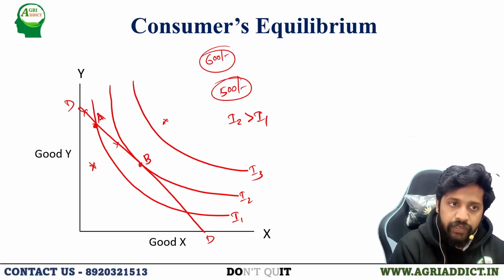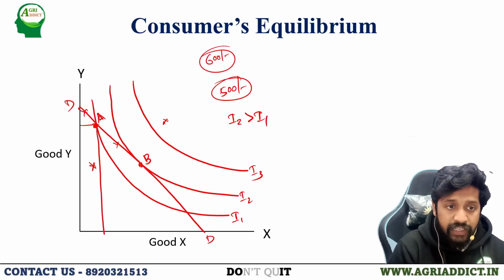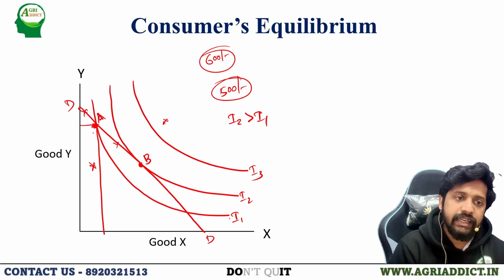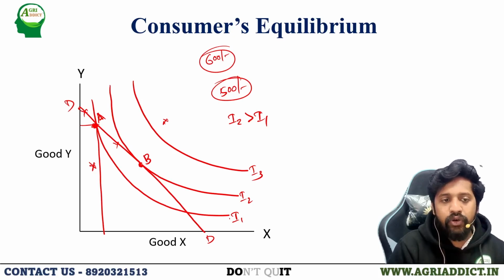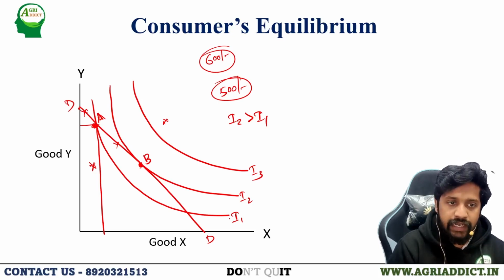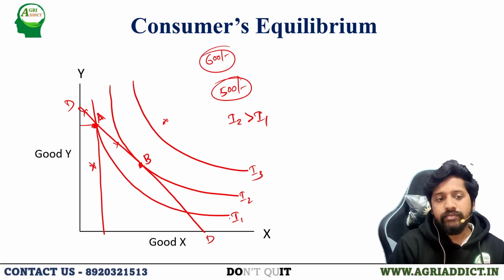I could opt for a combination of good X and Y at A, but at B the satisfaction level of I2 is greater than I1, because at A the indifference curve is lower than I2, that is, the utility level is less here than there. So therefore we could go for the point that is tangent to the indifference curve.